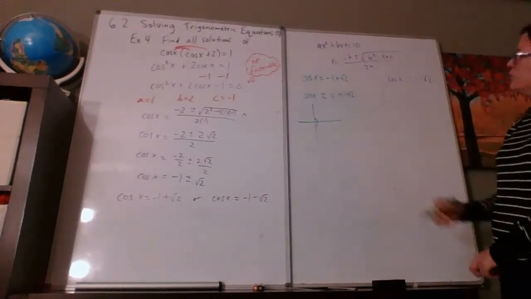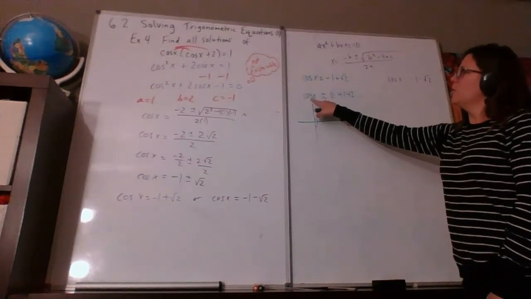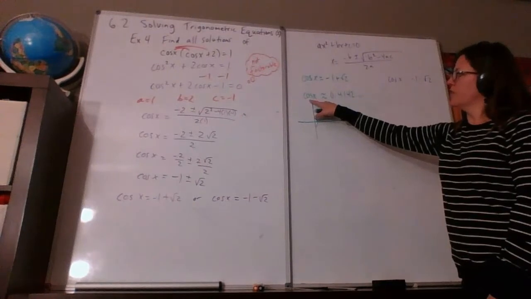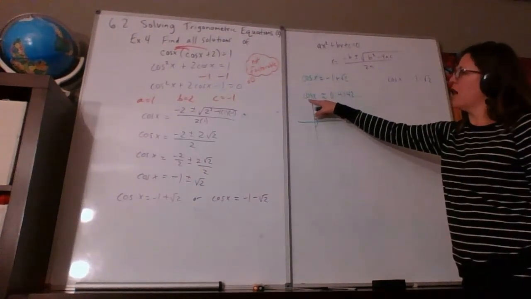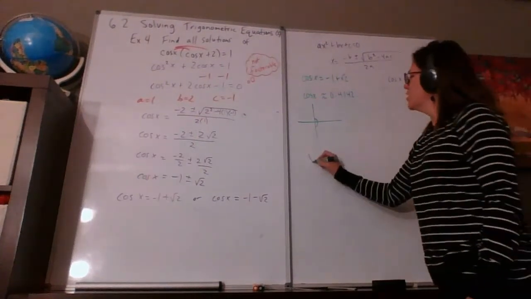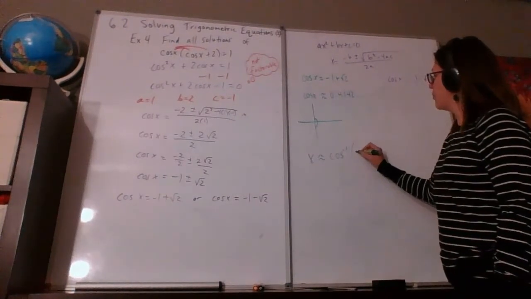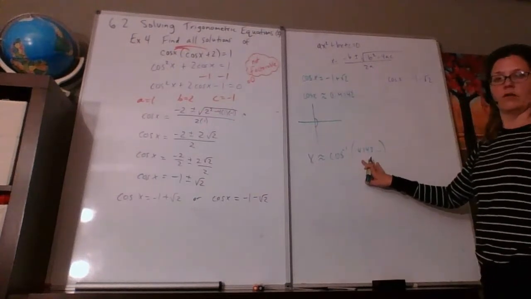Now, in order to find the x value, whenever we have the angle inside a trig function and we want to find that angle, we have to find the inverse of that trig function to be able to find that angle. So x will be the cosine inverse of that 0.4142, keeping all of those digits in the calculator.